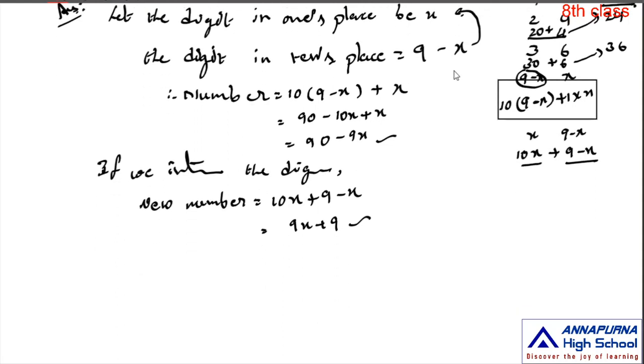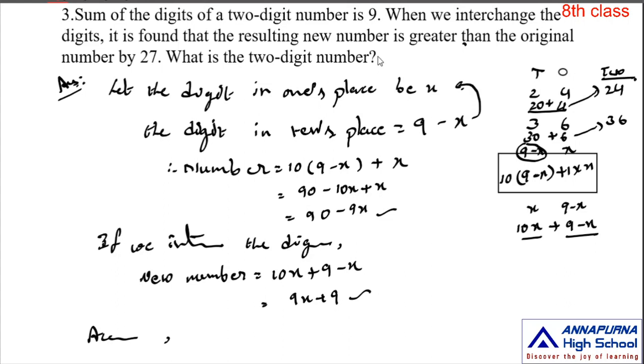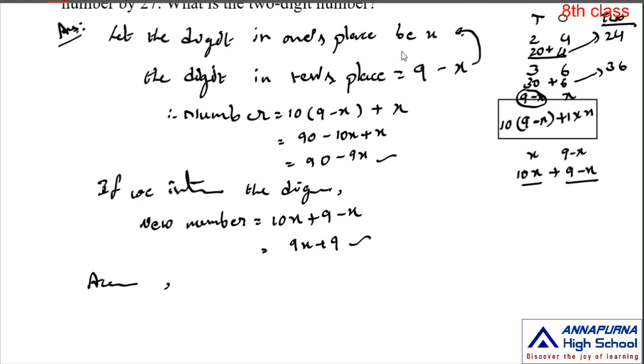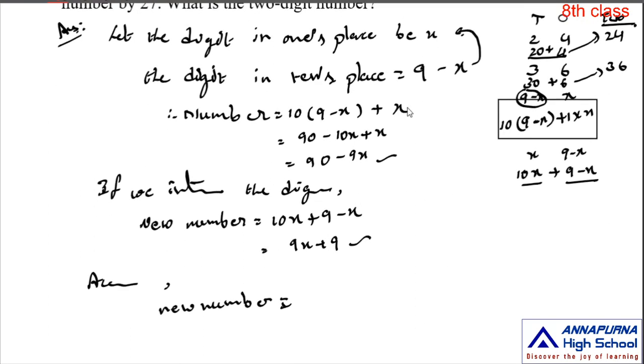So express this condition in mathematical language. So according to the question, the new number is equal to, greater than the original number by 27.